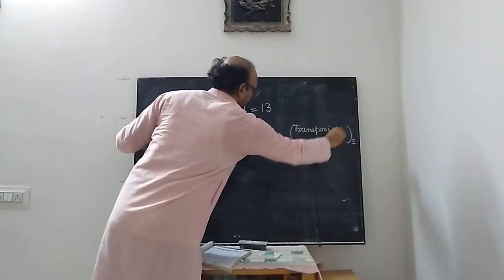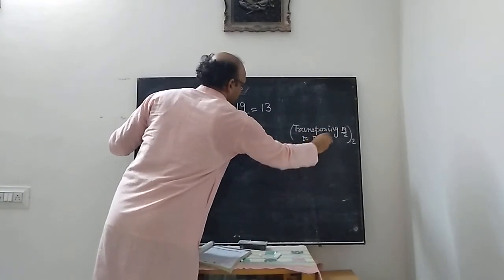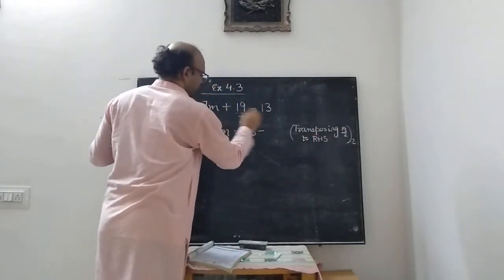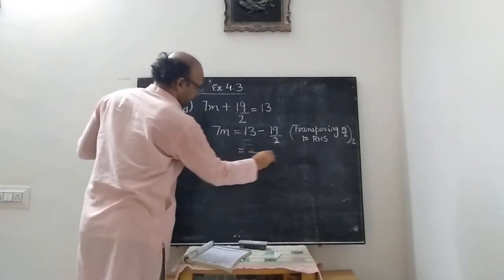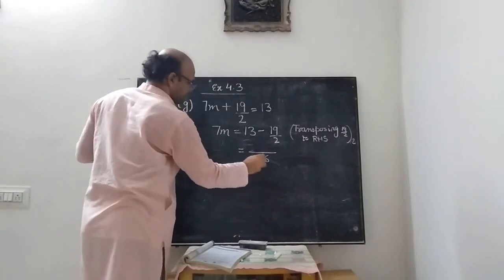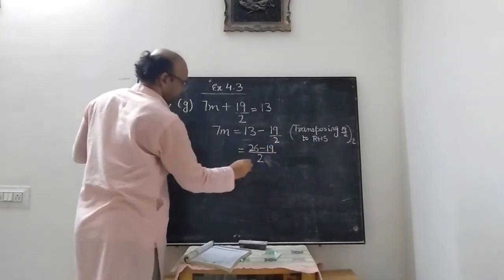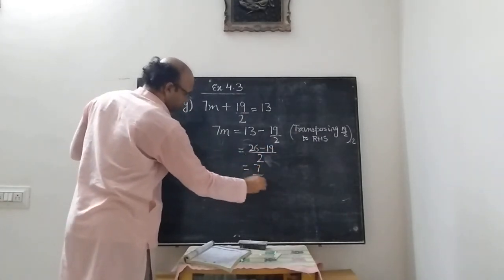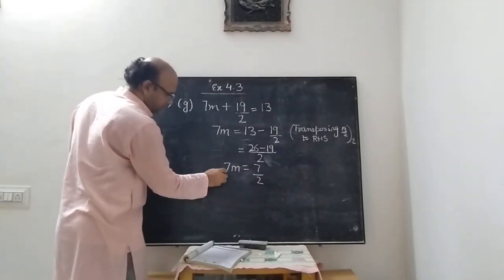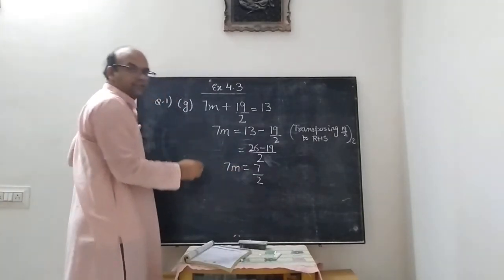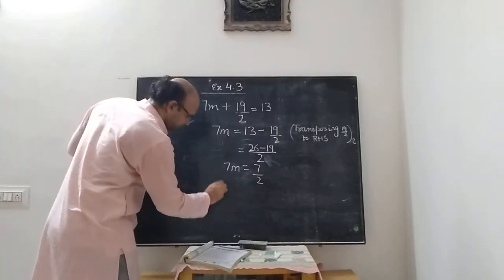Transposing 19 by 2 to RHS. So minus, we change the sign, 19 by 2. We take the LCM, this is 26 minus 19, and we get 7 by 2. Now what has to be done to remove the 7? We divide both the sides by 7.